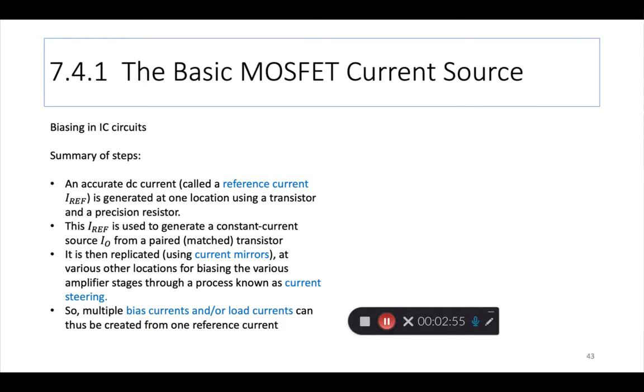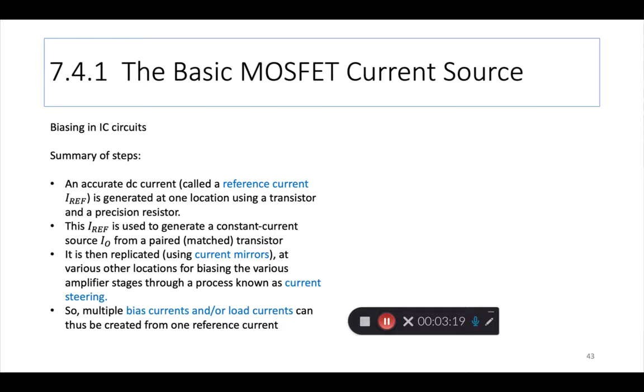Okay, and using that one reference and a nice high precision voltage source, VDD, you then create one current which you know will always be stable, is not subject to too much variation because of changes in temperature or with load.